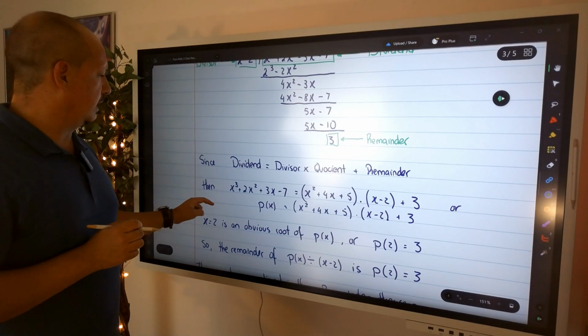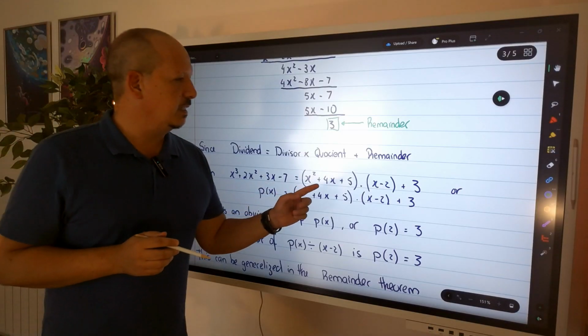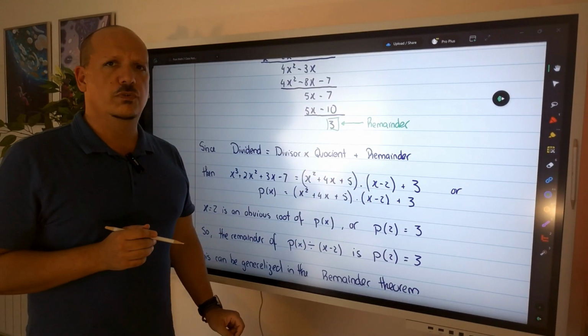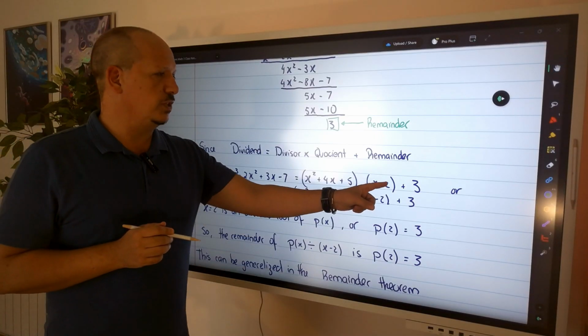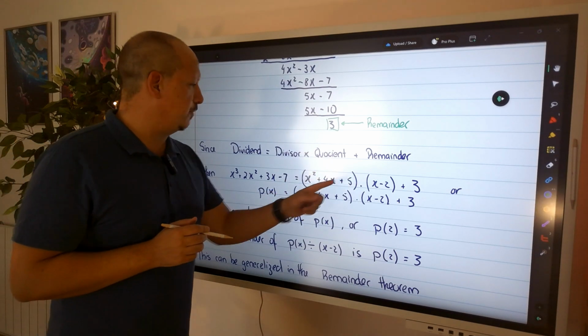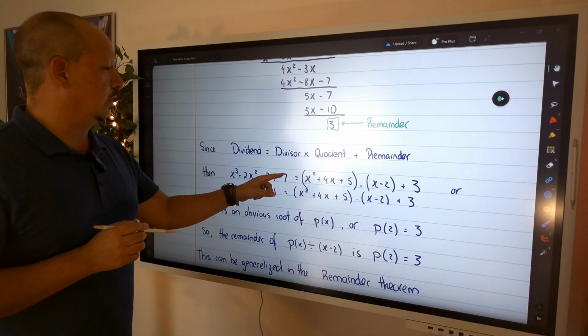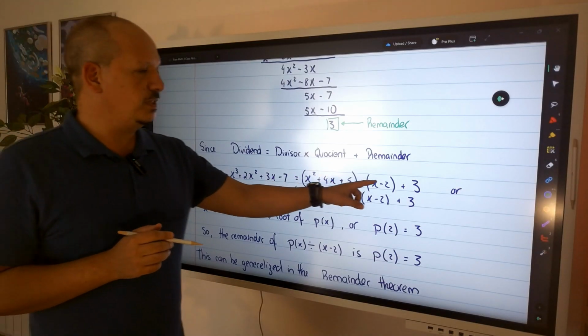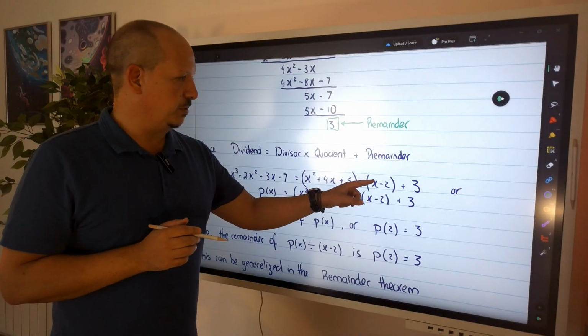Now let's look at one thing that may seem, but is actually, obvious. Look at x minus 2 over here. If you equate this to 0, you'll have x equals 2, right? What happens if you substitute 2 into the whole polynomial? All of this is going to be 0, right? This is going to be 0.